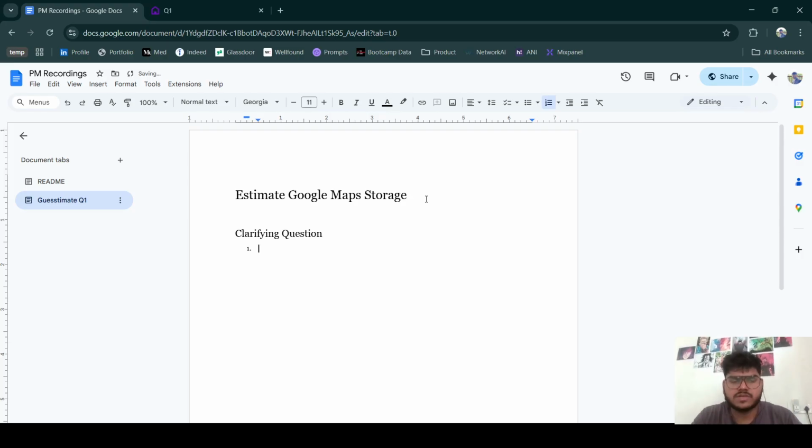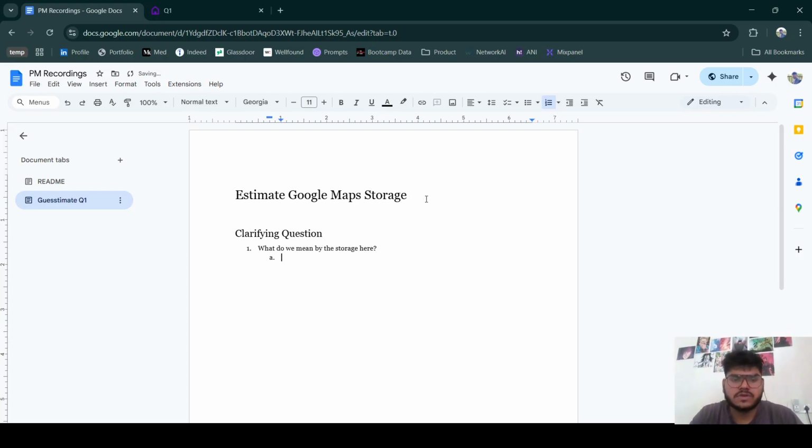My first question is, what do we mean by the storage here? Please clarify exactly what we're trying to solve.